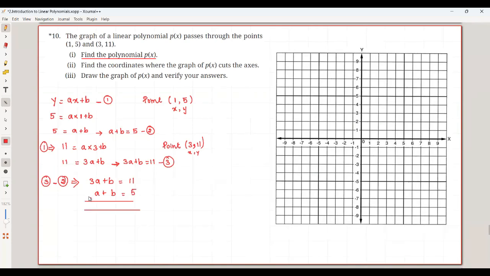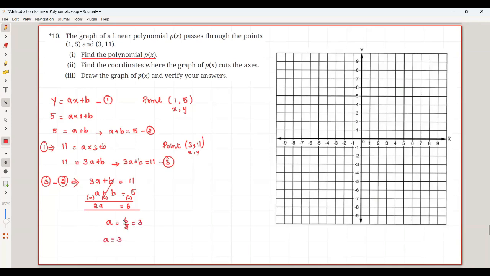If I change the sign, plus b minus b becomes 0. 3a minus a becomes 2a. 2a is equal to 11 minus 5, which is 6. So 2a is equal to 6, that means a is equal to 6 by 2, which is 3. Now I got a is equal to 3.